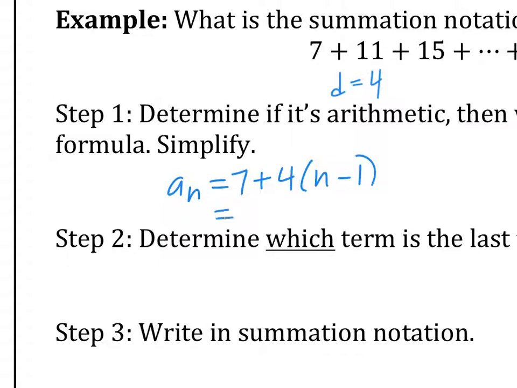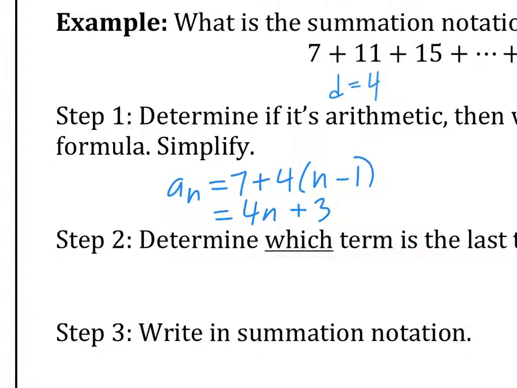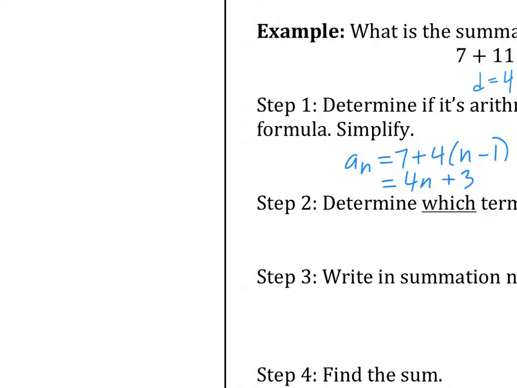So go ahead and simplify it. So what we need to do is eventually we need to write a summation notation. So let's look at this. This is 4n plus 3. Let's look at our summation notation and then figure out what we need to write this whole thing.